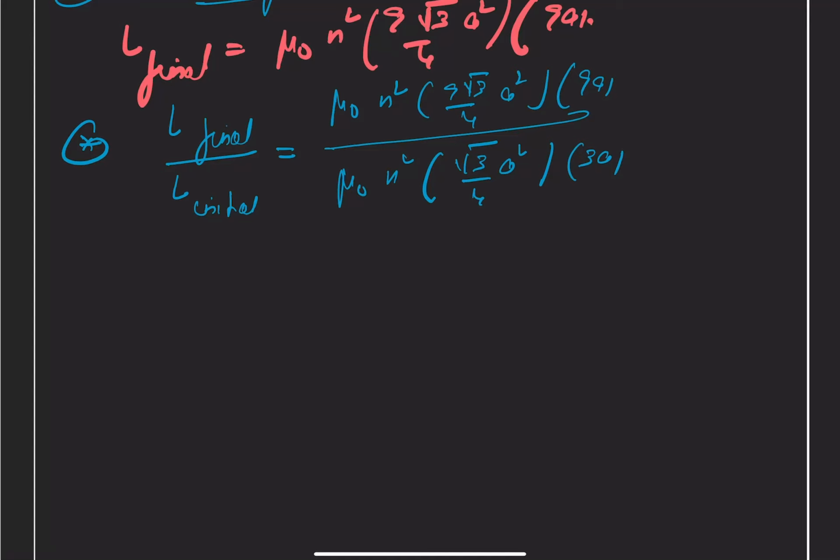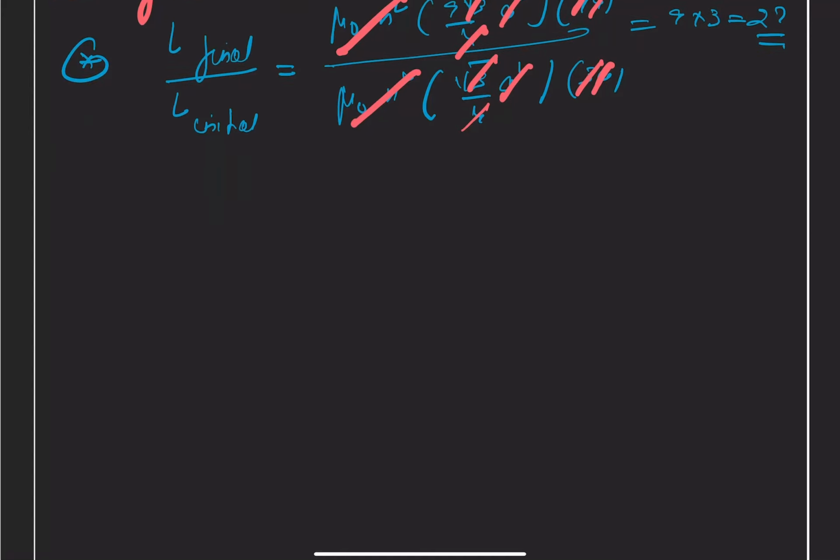And most of the terms are going to cancel out here. The A square, A, 4 and 4 go away, and root 3 and root 3 go away. So this comes as 3, and we are left with 9 and 3 only. So this can be written as 9 times 3, which comes as 27.